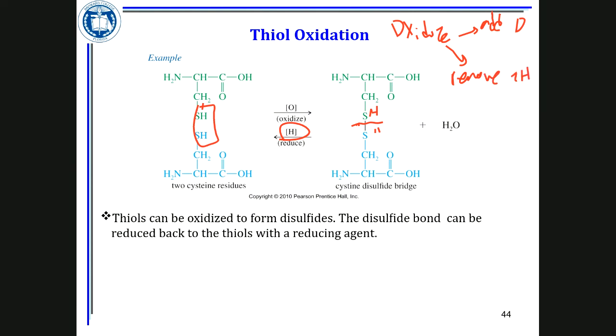Reduce means add 2H or remove oxygen. So if you're removing two hydrogens here, that means you're oxidizing, and you make that disulfide bridge.